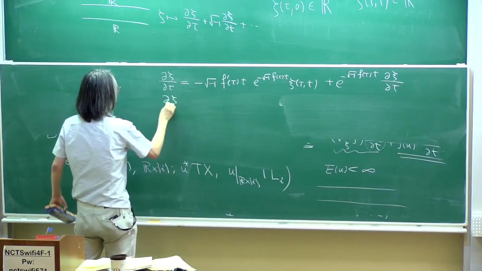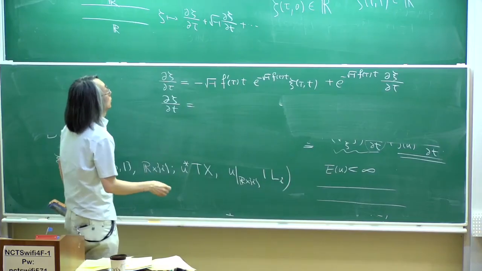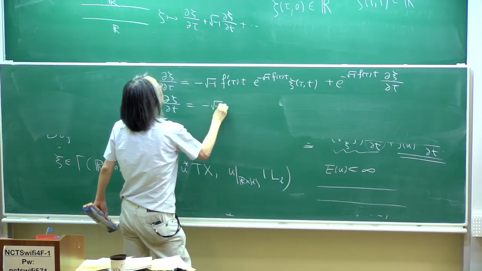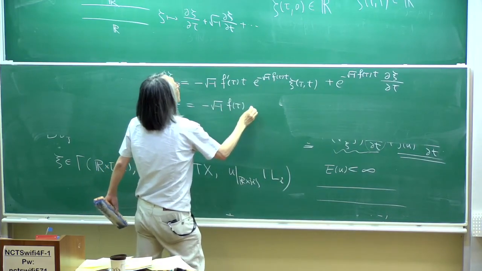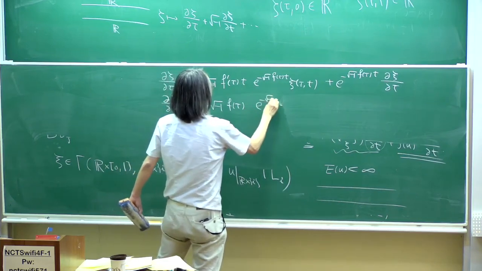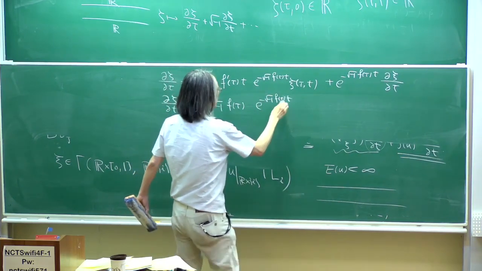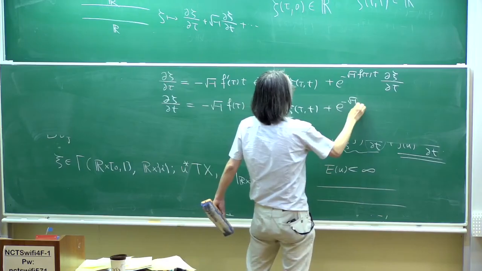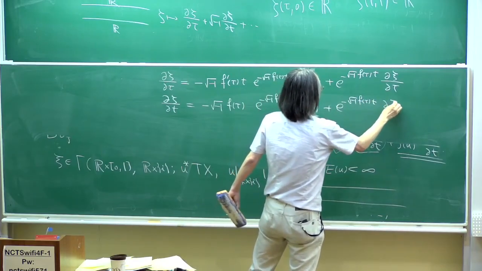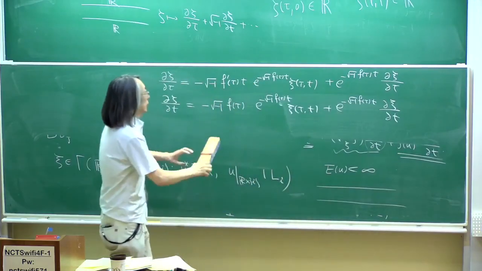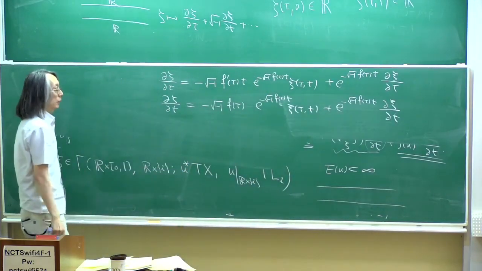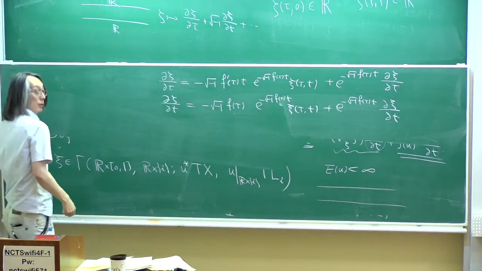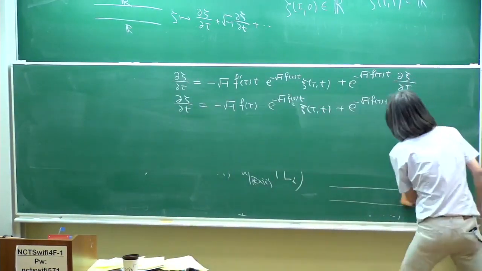And how about this? Now I also have the same thing, but here I have a bit different effect. And e to the minus square root minus 1 of f tau t of psi tau t plus e to the minus square root minus 1 of f tau t of d psi dt. So this term and this term look similar, but the difference is that this one is the function f, and this one is the derivative of function f. Certainly.